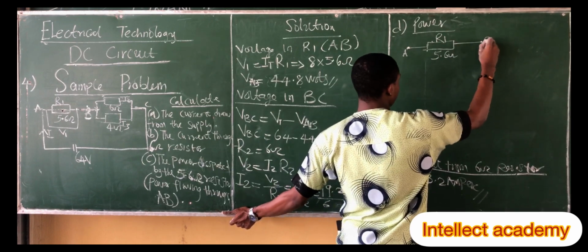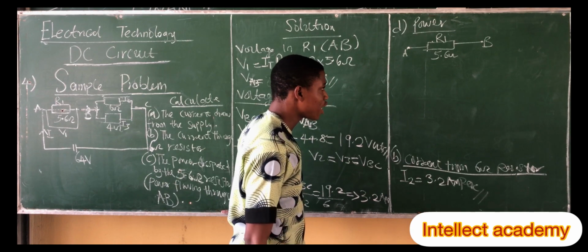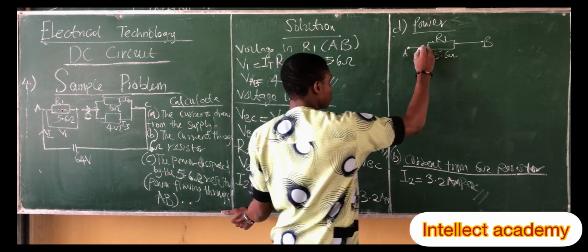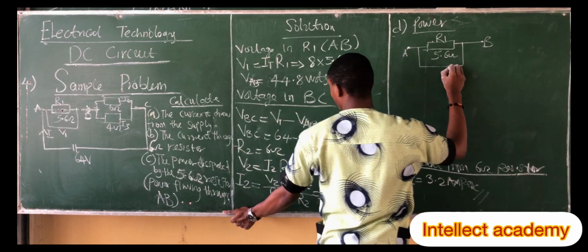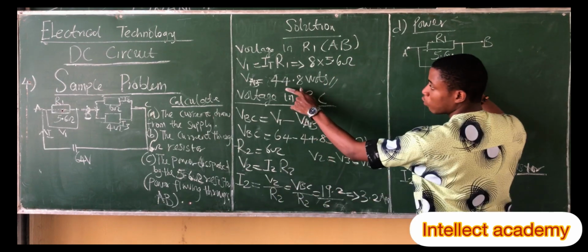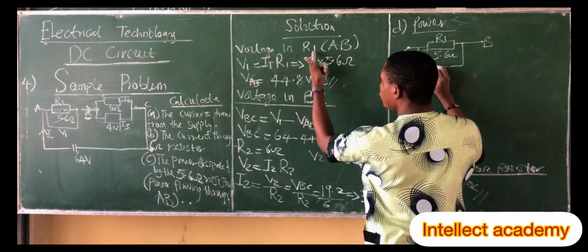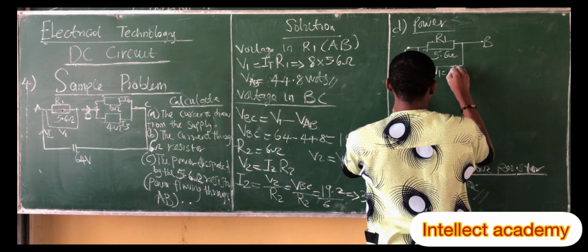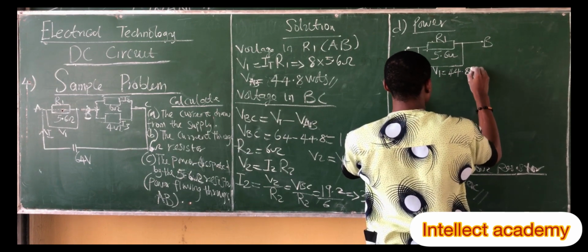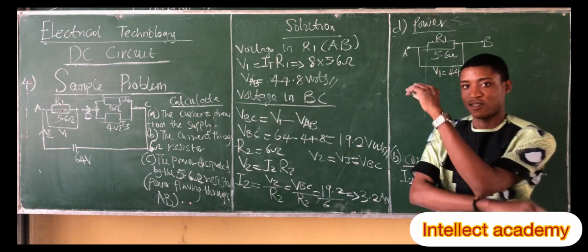So this is point B. But to calculate the power, notice that the voltage flowing through this point, we calculated it as 44.8 volts, right? So that's the voltage across AB. So the voltage, which is V1, is equal to 44.8 volts.